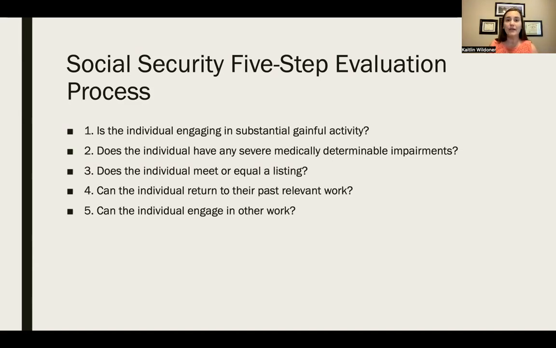If you do, then the evaluation stops there and they will approve your claim and say you are disabled because you meet this particular listing. If you don't meet or equal one of the listings, then they go to step 4. In step 4, they create a residual functional capacity, or an RFC, for you based on the medical records.